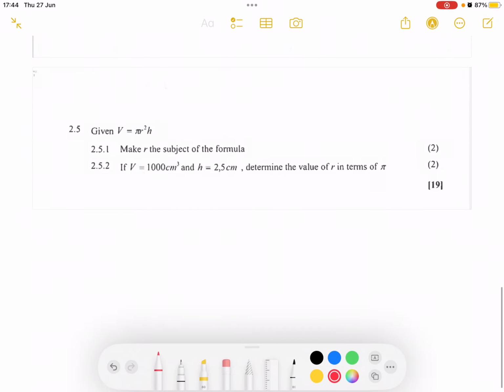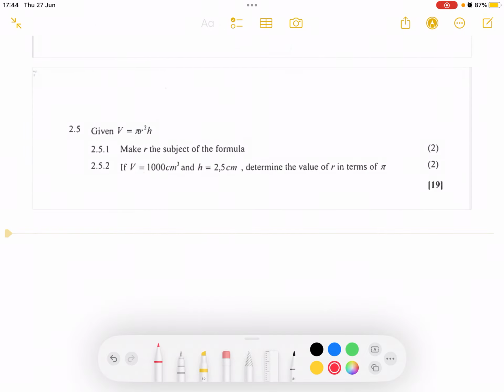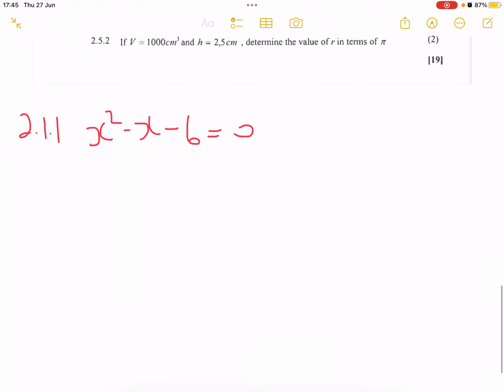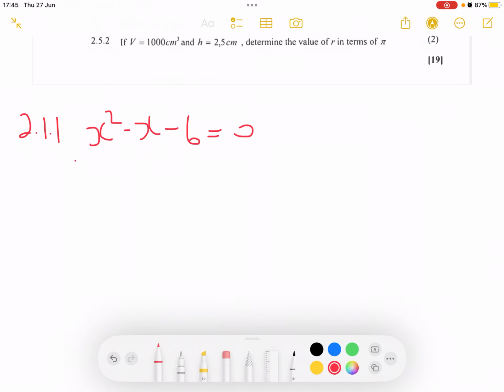So this is just a trinomial: x squared minus x minus 6 equals 0. A simple trinomial in Grade 10 can be solved by factorization using the zero law, whereby we open two brackets and put x and x.